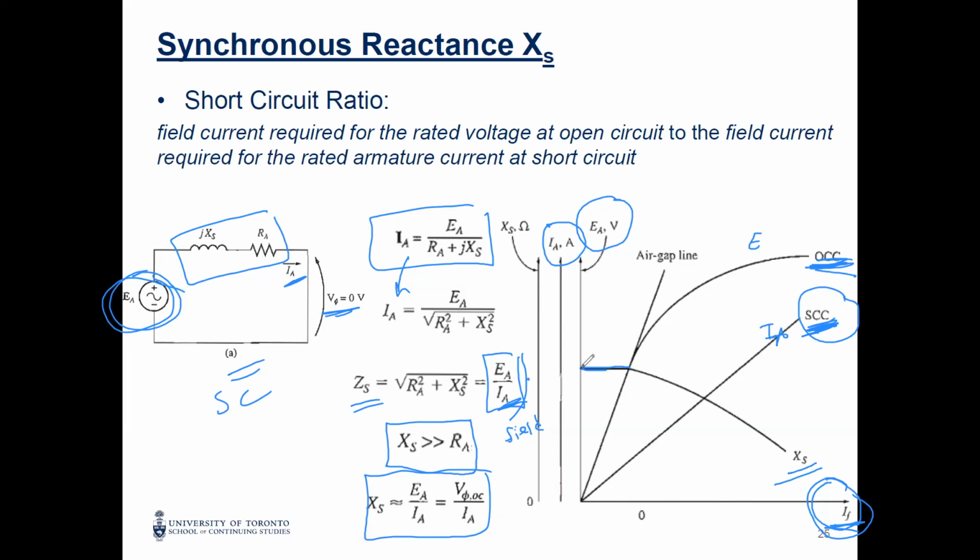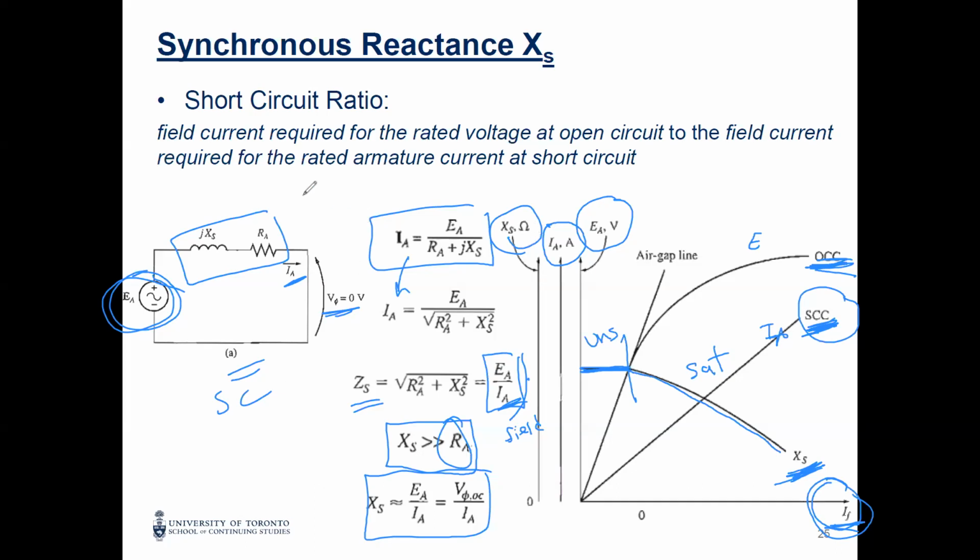You can see the XS here is a straight line, and then with the saturation, it's decreasing. So this one, we call the unsaturated value, and this one is the saturated value for the XS. Okay, we ignored the RA, by the way, for this one. And this is only the XS.